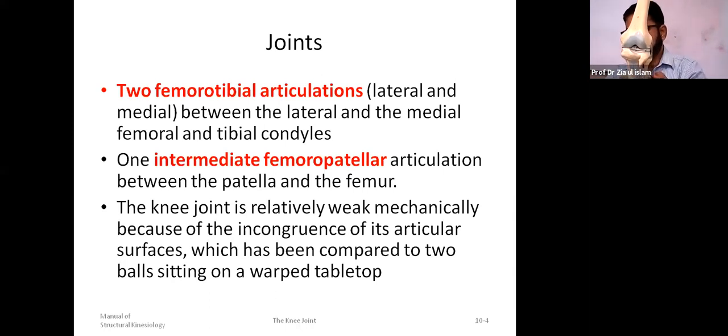So this is also a joint which the upper end or head of the fibula makes with the lateral condyle of the tibia. ये भी एक joint बनता है.